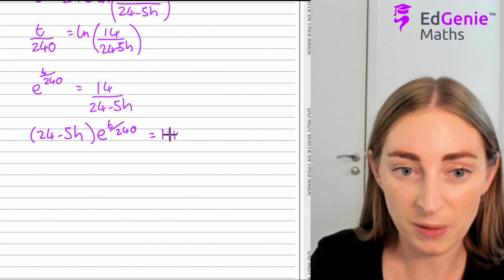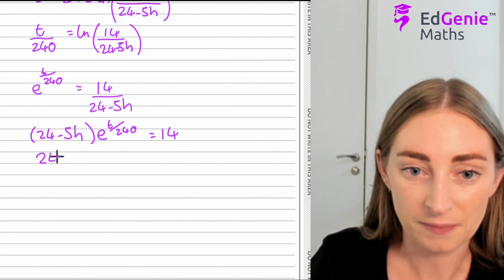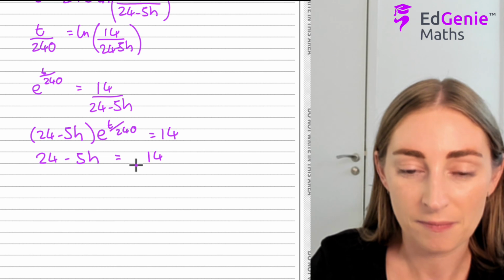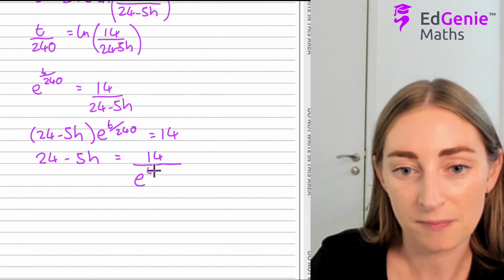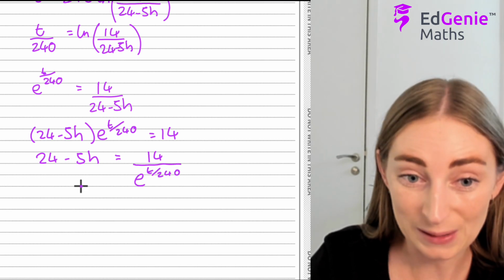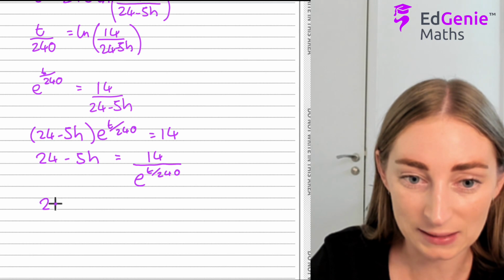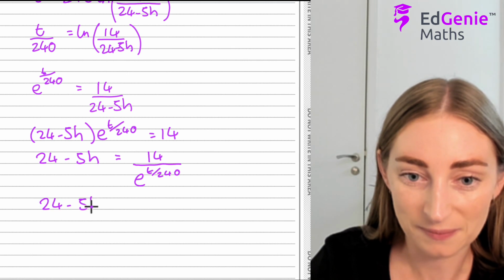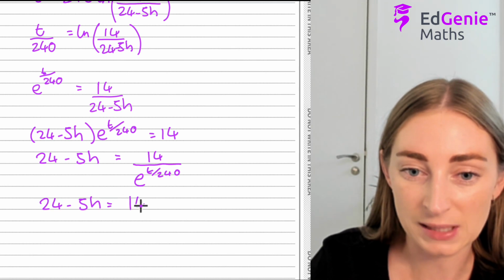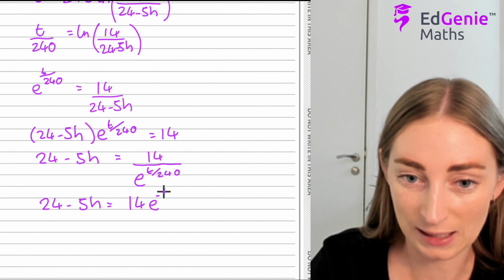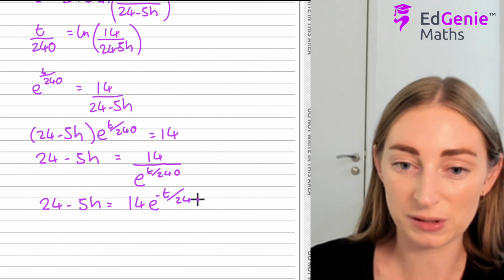But I'm not going to multiply that out. I'm going to now write it like this. Because that is the same as 14 times e to the minus t over 240.